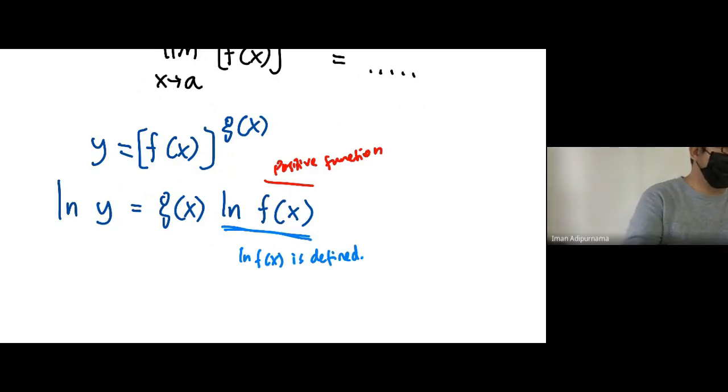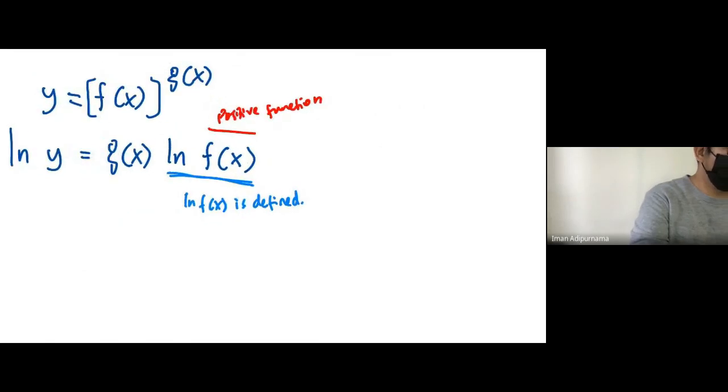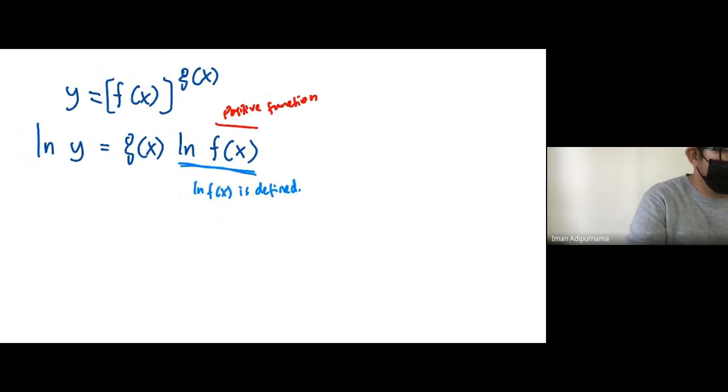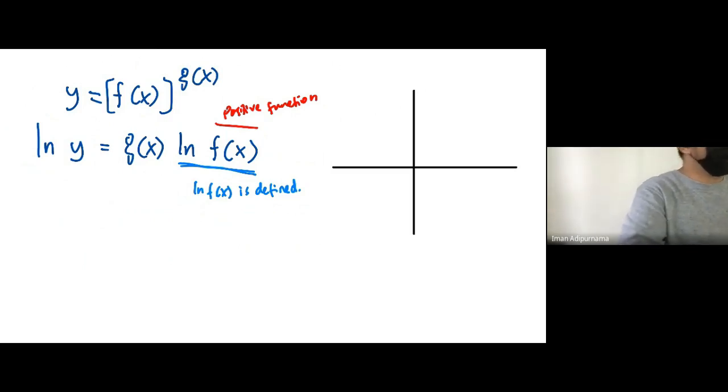Okay, now remember the ln graph. I think it's better to explain with a graph rather than words. Because f is a positive function, and when you have the limit of f is 0, x approaching a.